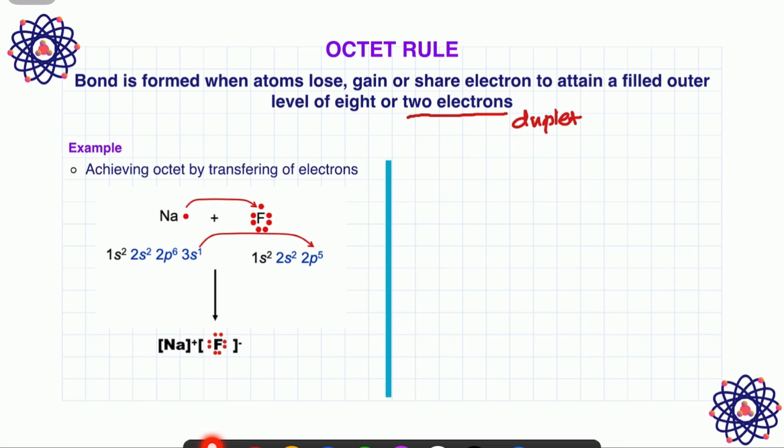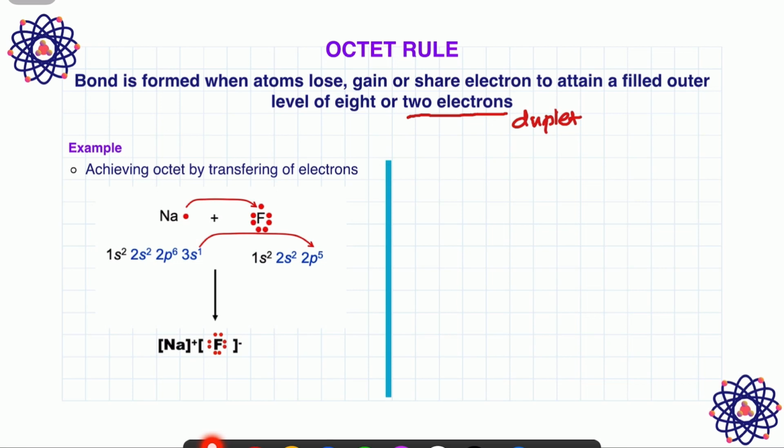It will accept 1 electron from the sodium and fill in the orbital 2p, then it will become 2p6. So it will achieve the octet configuration.